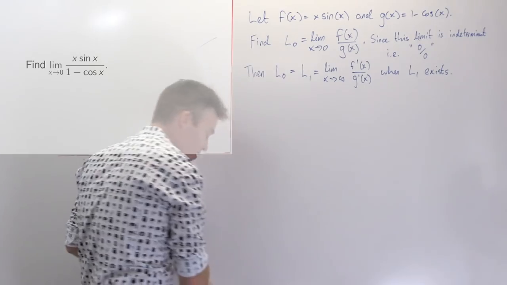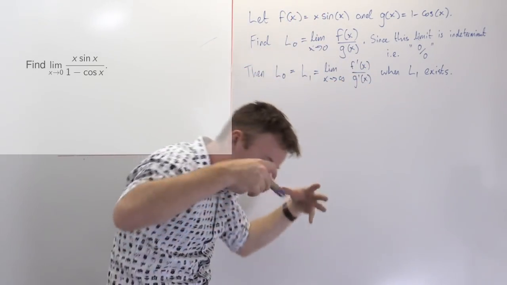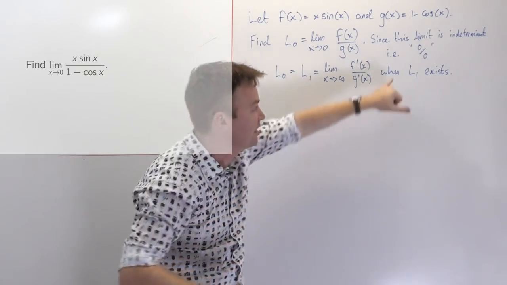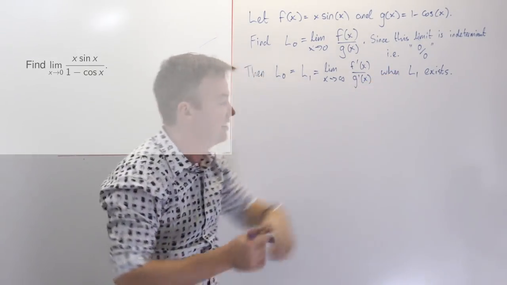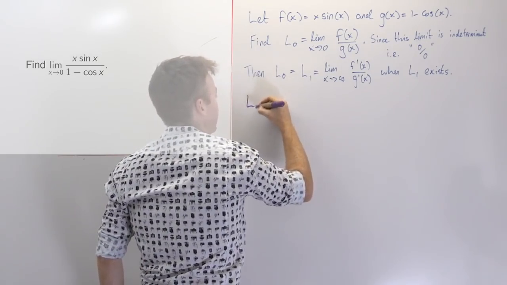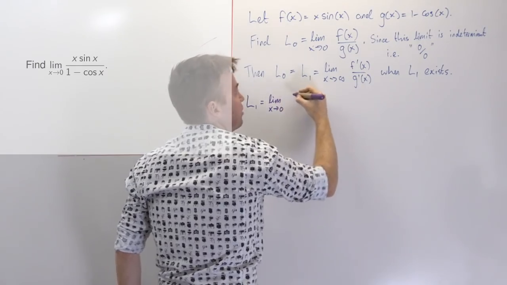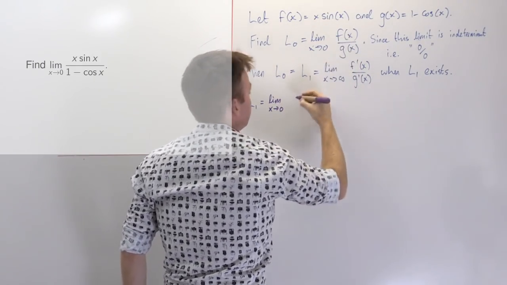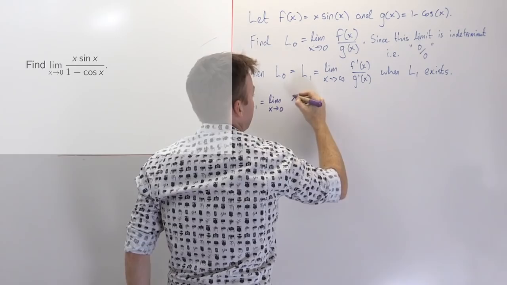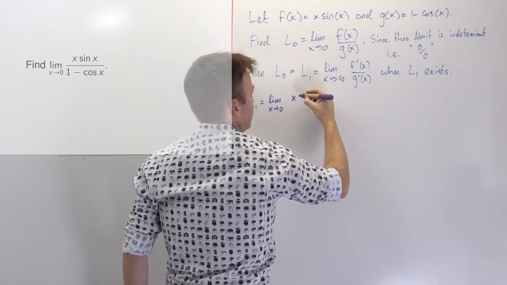So I'm going to switch colors. To solve this question, we actually need to solve another limit question, a limit question inside the limit question. Does L1 exist? Let's find out. So L1 is the limit of, well, the derivative is, what's that? x cos x.